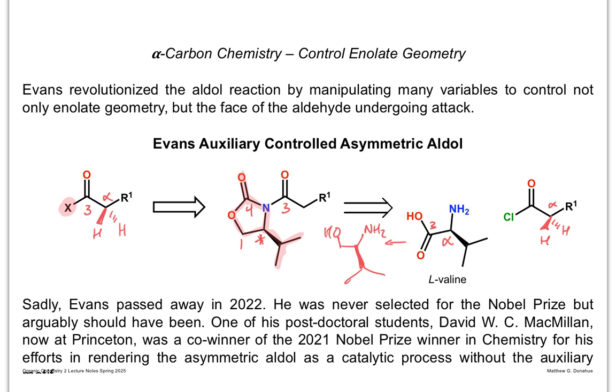So if we draw that as a Fischer projection, the highest oxidized carbon's on top, that's the stereocenter. When that group is to the left, it's called L. If a group is to the right, it's called D.